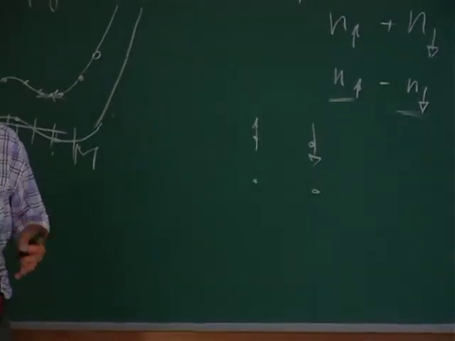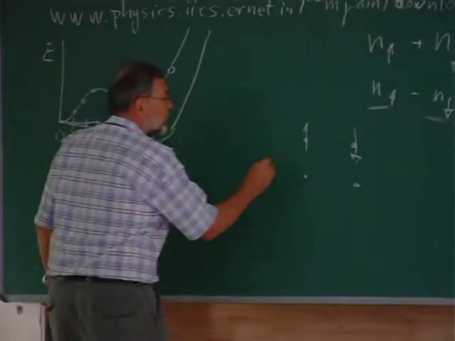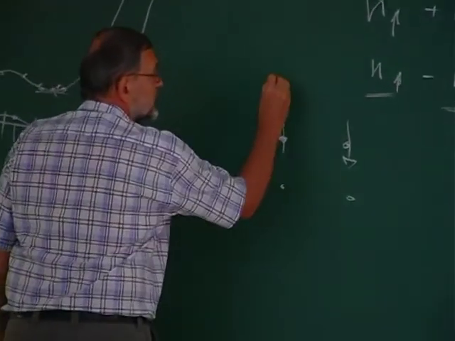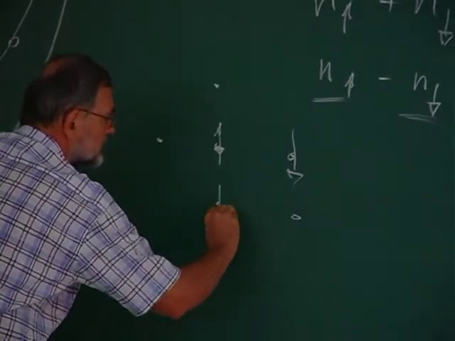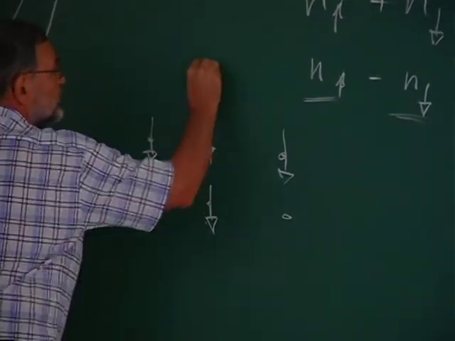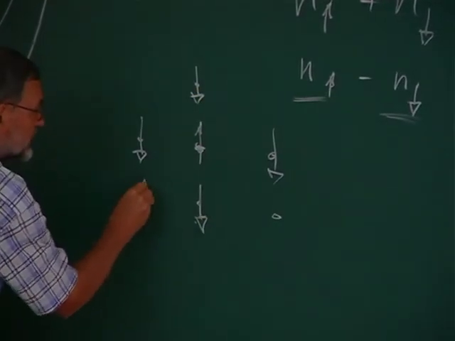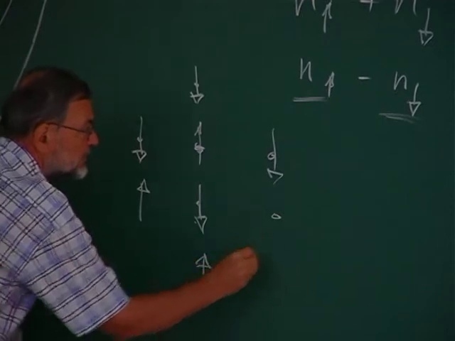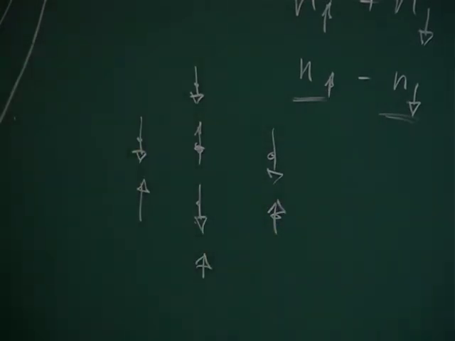There are certain possibilities for how I can arrange it. I can make all neighbors of this atom antiferromagnetic, for instance, and they are all happy because this one will then be surrounded only by spin up. So this is still a possibility, not a problem.